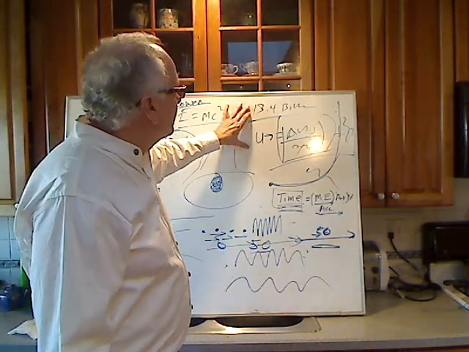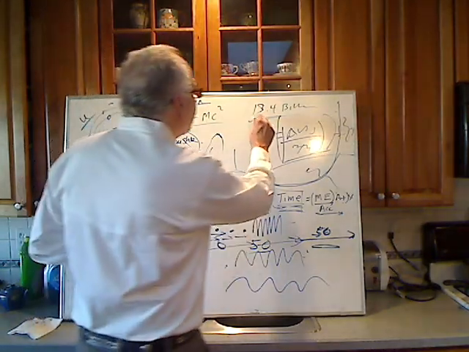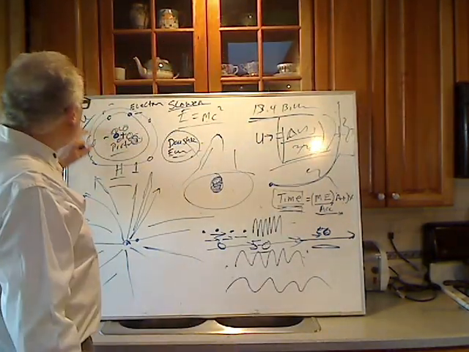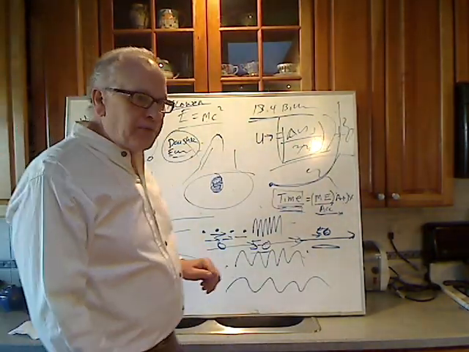Because they're using a linear time frame. They think it's 3.4 billion years old because this matter decays at a constant rate in our time frame.